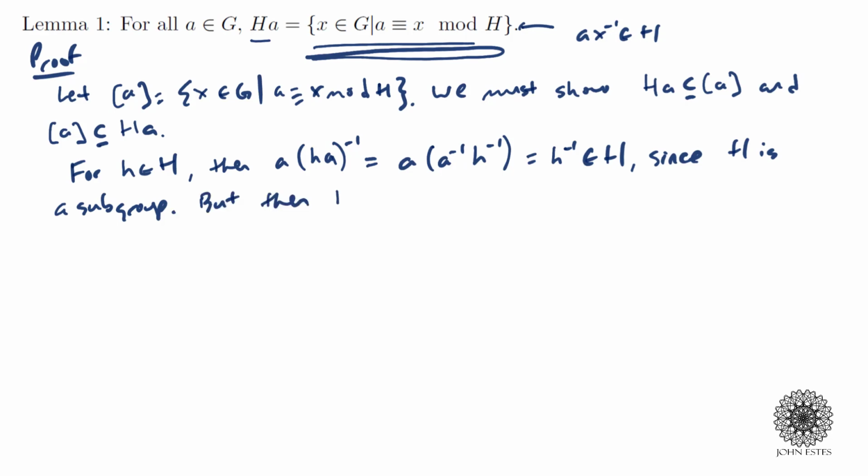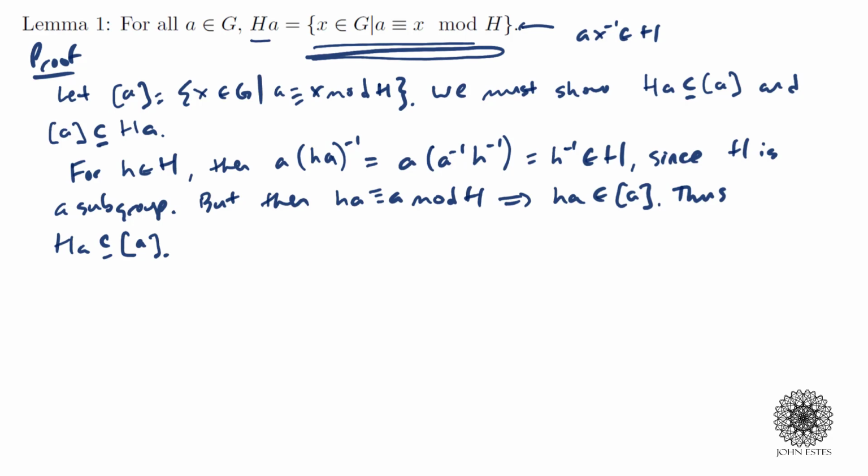That means that hA is congruent to A mod H. In other words, hA is in your congruence class of A. Thus, there's the first part. HA is a subset of my equivalence class.